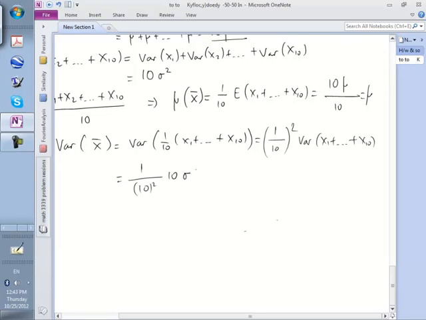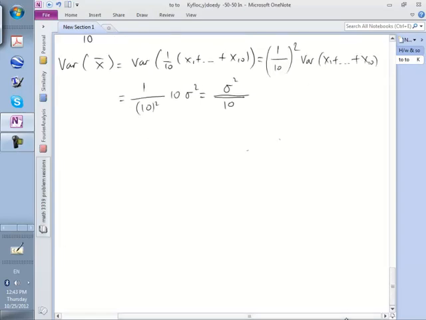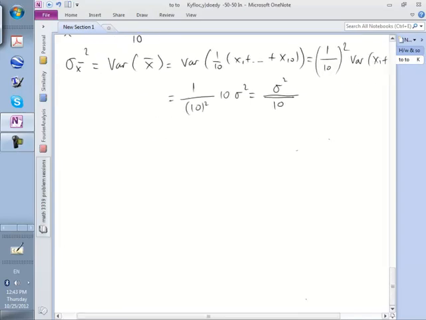And you see that 10 with 10 squared will cancel, so it will be sigma squared divided by 10. So the standard deviation of X bar will be sigma divided by the square root of 10.